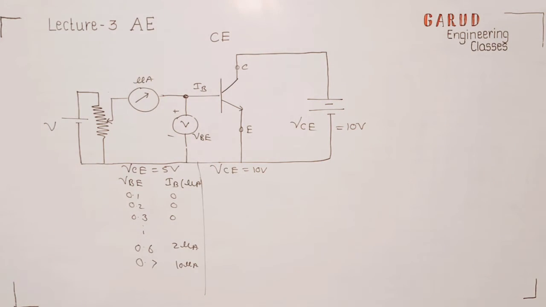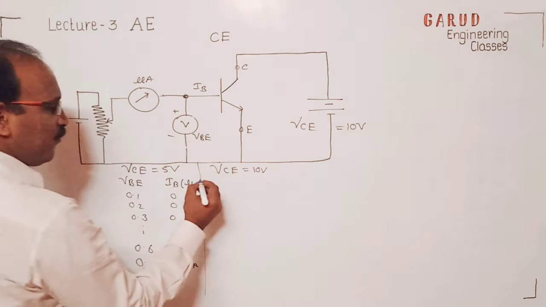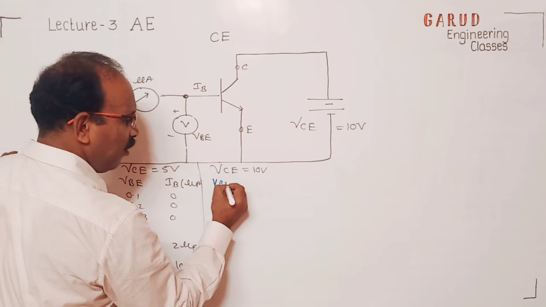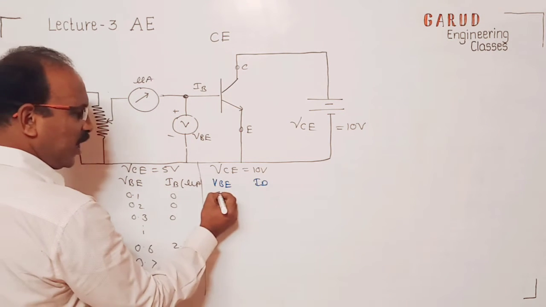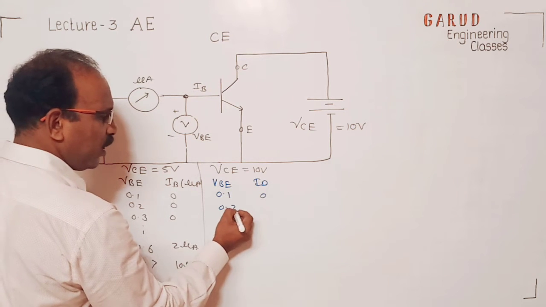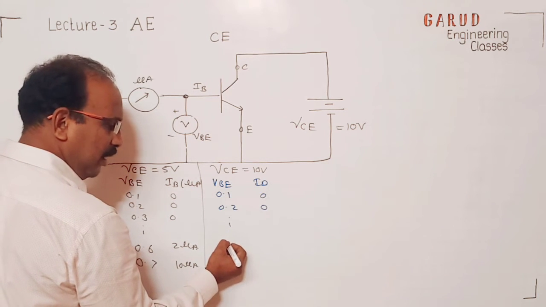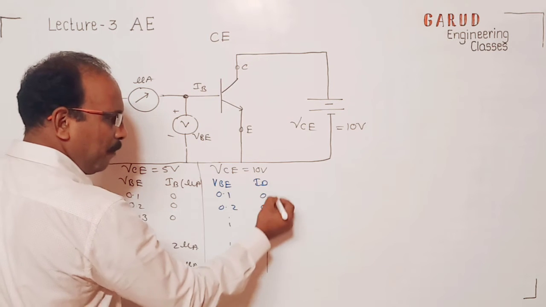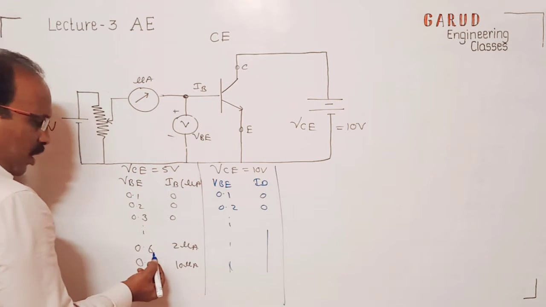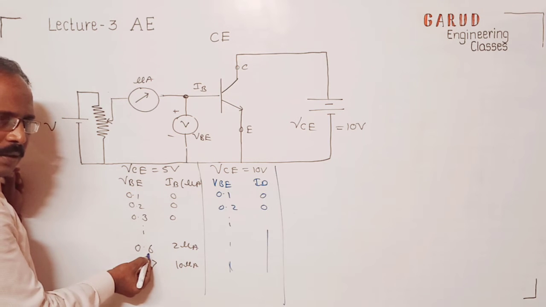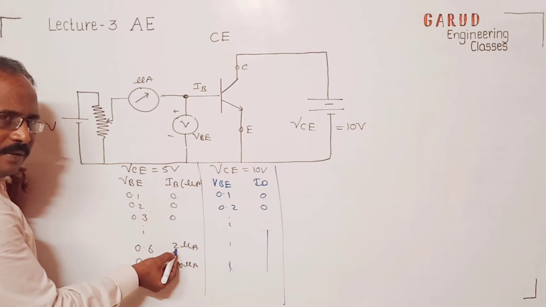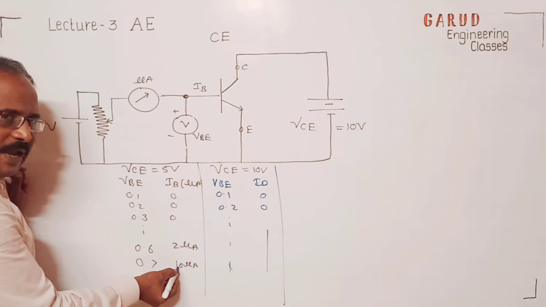Again I will take a new experiment and perform the same. I will vary from very low voltage to very high voltage and record that. Suppose at 0.1 nothing will happen, at 0.2 nothing will happen. Here some current starts at 0.6 volt, 2 microampere, or at 0.7, 10 microampere.